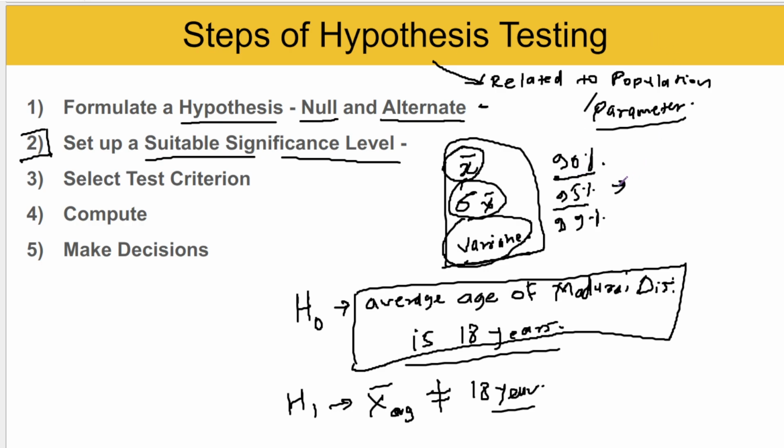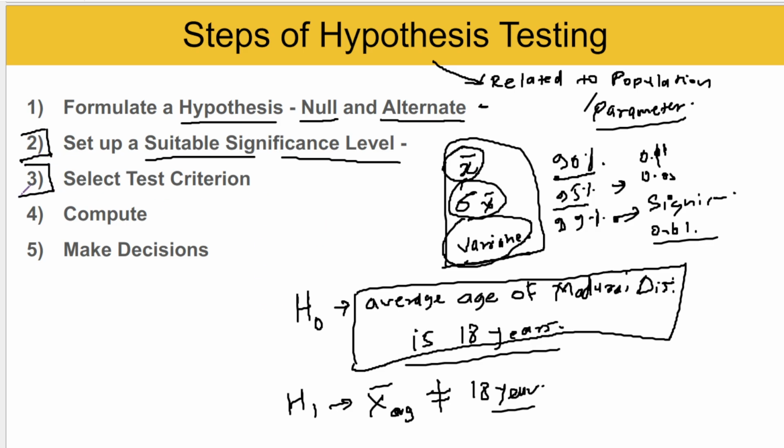So that is our confidence level. Based on that confidence level, we will calculate the significance level, which is 0.1, 0.05, 0.01.